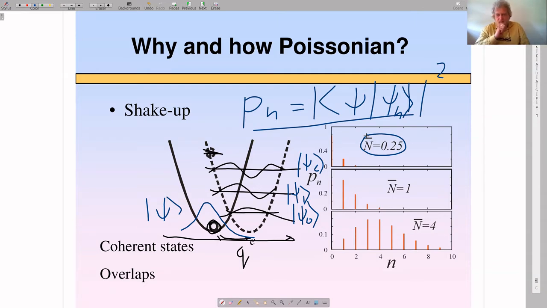number of quanta emitted. Here it's small, and the highest probability is to emit no quanta. There is some probability to emit one, and in principle there are probabilities to emit any number, but they're very small. Let's increase n. So average n is somewhere here.